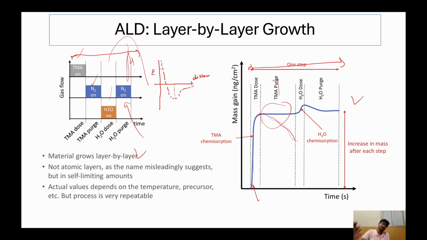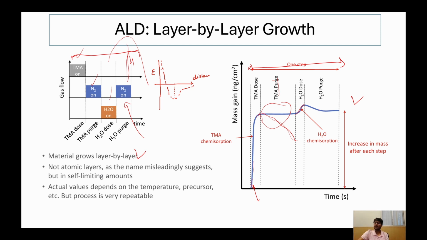Okay, so after that you give a dose of H2O. During the H2O dose, this H2O is reacting with the substrate, and during that it is also removing material, methane. This is chemisorption, not a physical adsorption, but it forms a chemical bond again, and at that point methane is released.